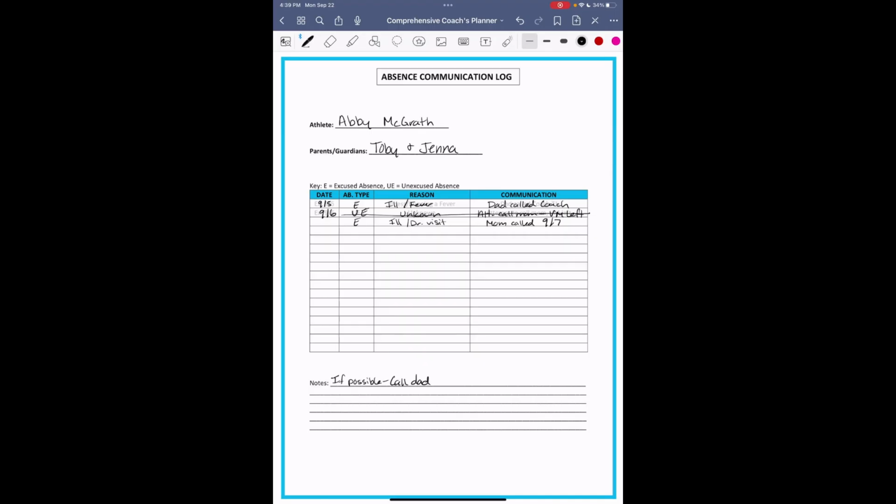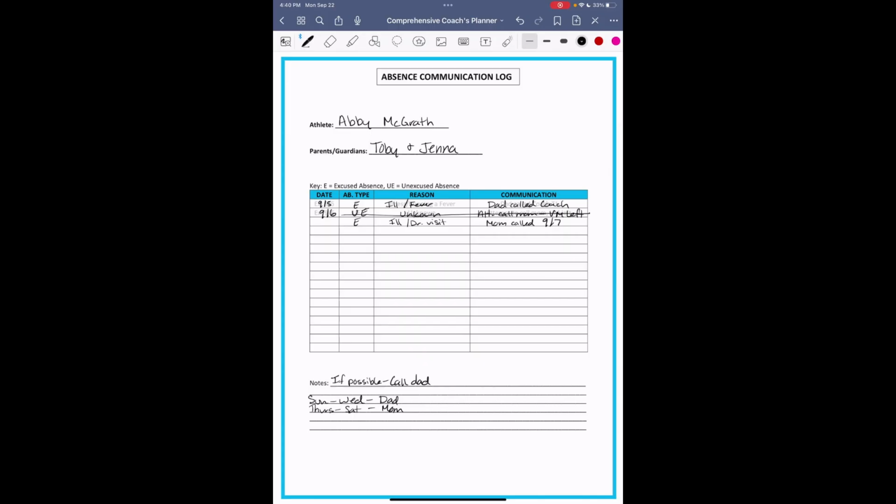Maybe there is a divorce or a custody situation where the athlete is with certain parents on certain days of the week. Maybe it is Sunday through Wednesday, we need to contact dad, and Thursday through Saturday, we need to be contacting mom as the primary parent.